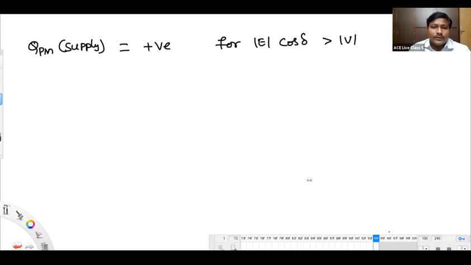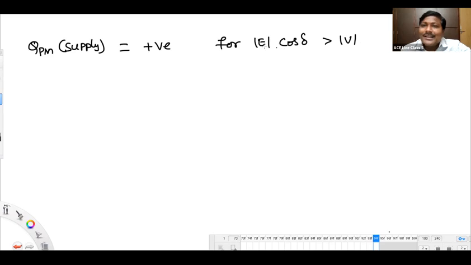Okay. So I am asking one very simple question to you. For the same amount of reactive power injection, which machine requires more excitation? Is it condenser or phase modifier? Definitely phase modifier. Because in the condenser, we have to dominate the terminal voltage only by using E. But here E into cos delta should dominate the terminal voltage.